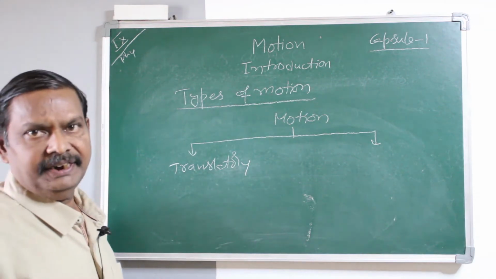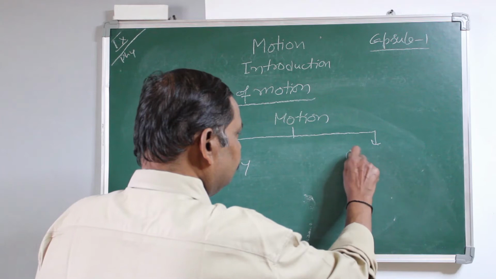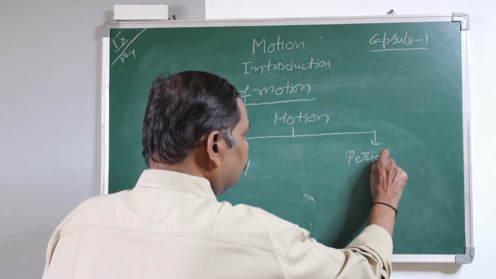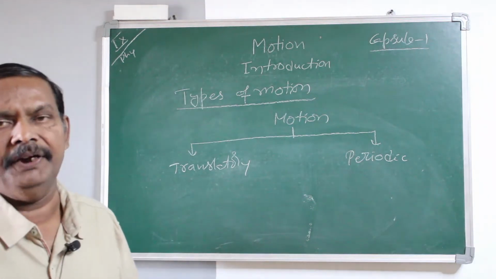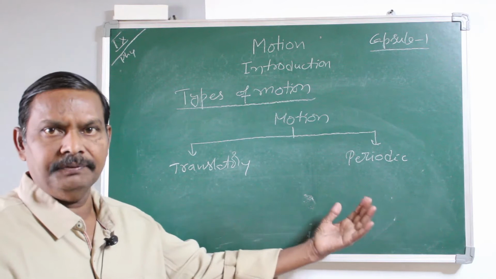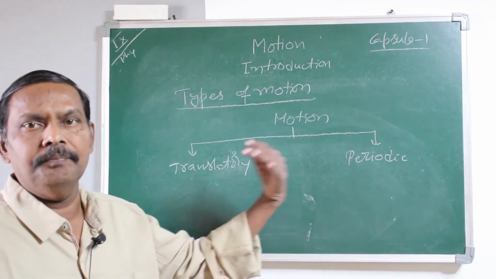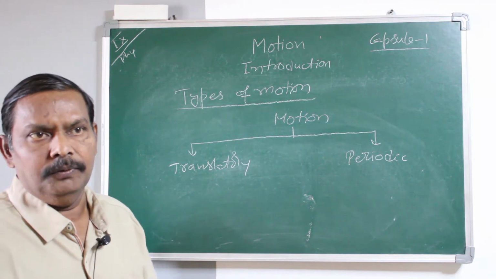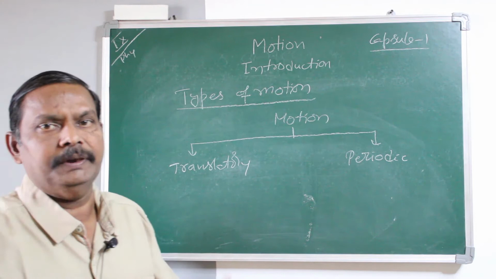One is translatory, and the second is periodic. So basically, motion is divided into two types: one is translatory, second is periodic. Now, the translatory motion is further divided into two types.